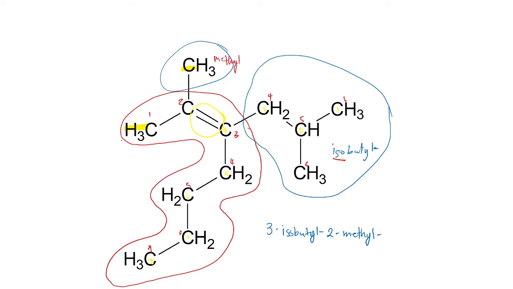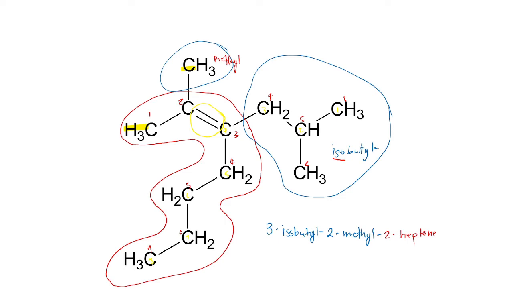Then let's give the lowest possible number or position for the double bond. So this will be two. Then, since this is 7, that is heptane, or for alkene, that will be heptene. Basically, this compound is what we call 3-isobutyl-2-methyl-2-heptene. Hopefully, you got that right.